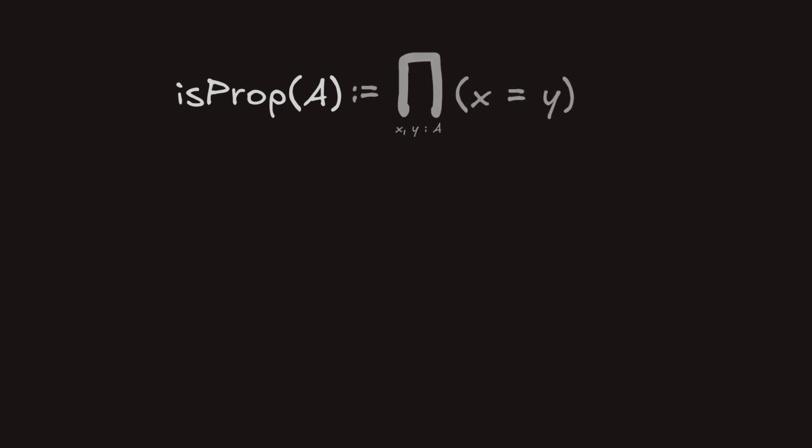For example, if the proposition A had this property, then given any 2 points in A, we can construct a path between them. We call these propositions mere propositions.